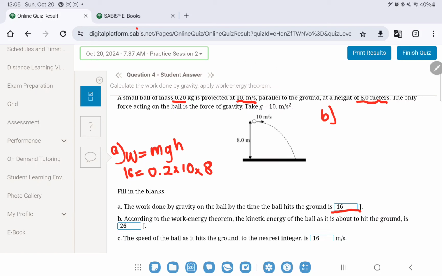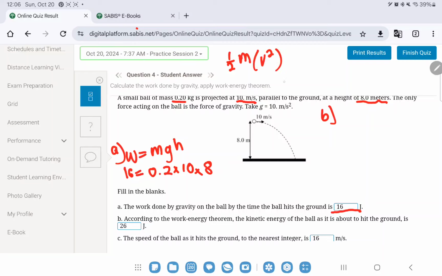How you do this part is, the kinetic energy of the ball as it's about to hit the ground, you solve for the kinetic energy first, which is equal to half mv squared.